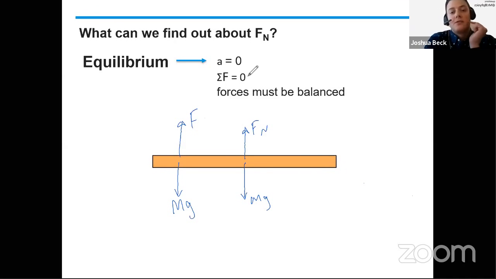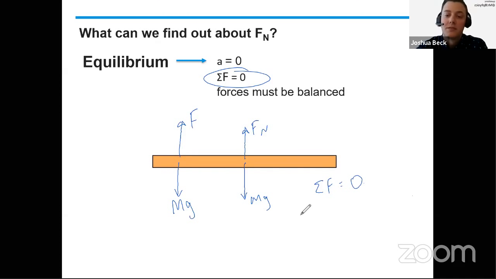But how about if we just look at our forces in general? If I want my forces to be balanced, then I need my upward forces, that's my applied force and the normal force, to equal my downward forces, big MG and little mg. Now my upward force was 2 newtons.